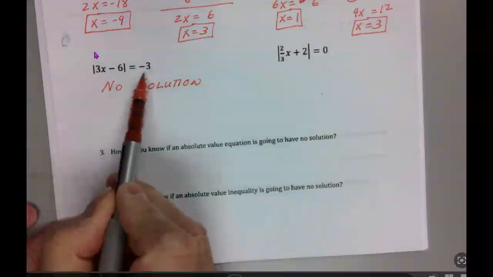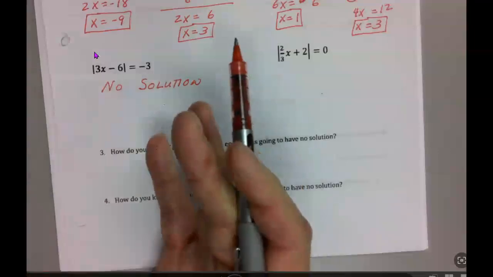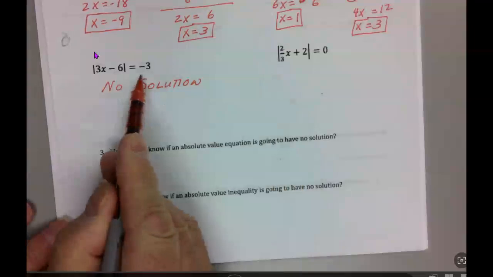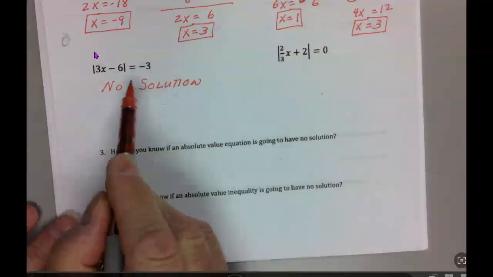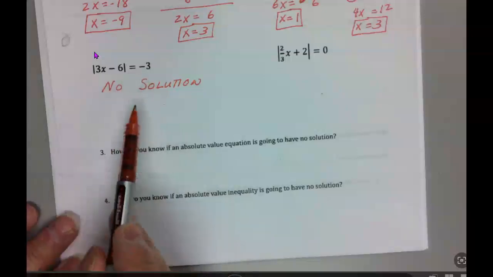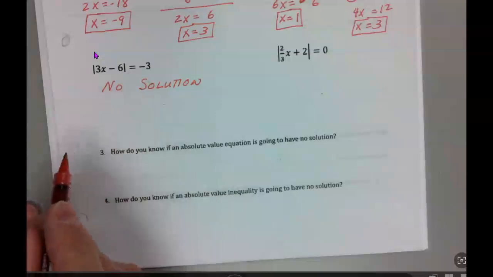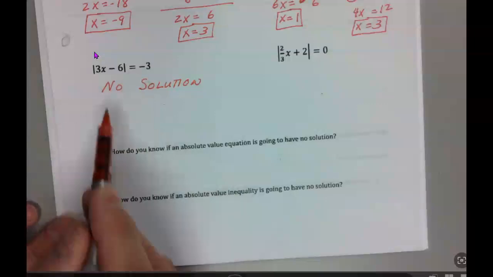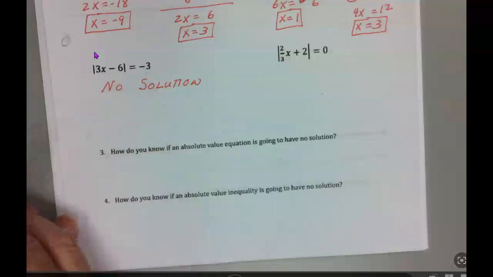Does that make sense? I don't care what you put in for x, you take the absolute value, you're going to get a positive, aren't you? Can it ever equal -3? No. And you could on your quiz tomorrow, write the two equations and solve them and go plug them back in, and you'll notice that neither one of them work. Does that make sense? Because you'll get a positive over here, which will never equal a -3. Okay? Make sense?